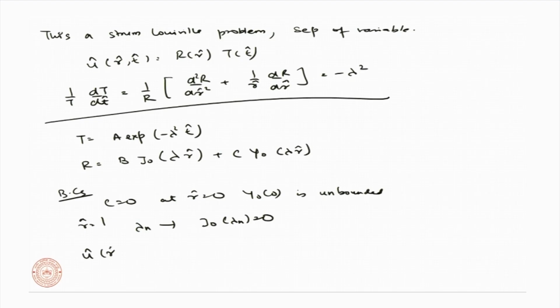Therefore, u cap of r cap comma t cap becomes summation n equals 1 to infinity a n exponential of minus lambda n square t cap times J 0 of lambda n r cap. To find a n, we can use the orthogonality principle of J0, and from the orthogonality principle we have that u cap of r cap comma 0 is 1, so summation n equals 1 to infinity a n J0 lambda n into r cap.